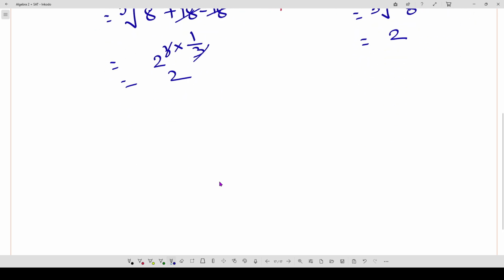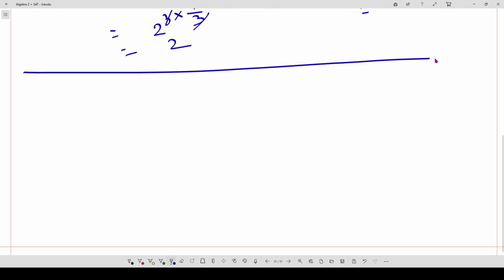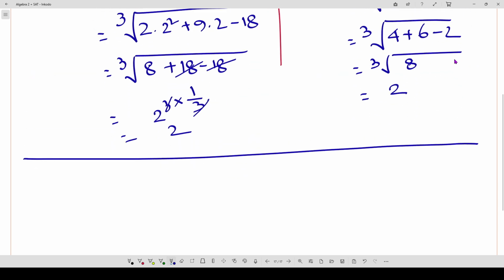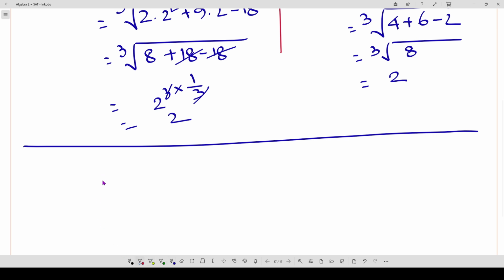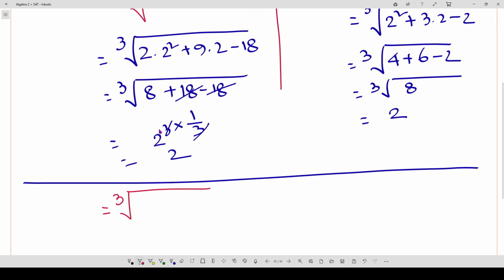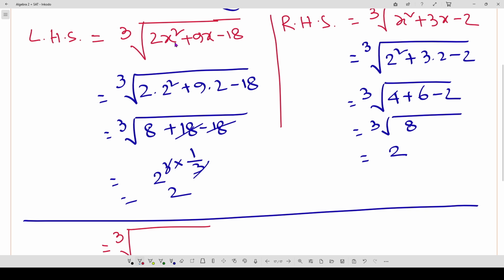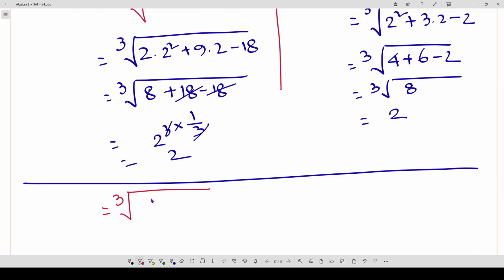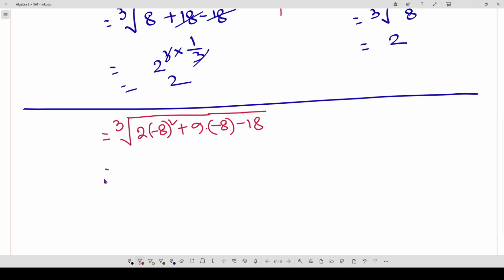Now we will put the value −8. Same thing, here is the cubic root of 2x² + 9x − 18. It means 2 times (−8)² plus 9 times −8 minus 18, right? So what will happen here?